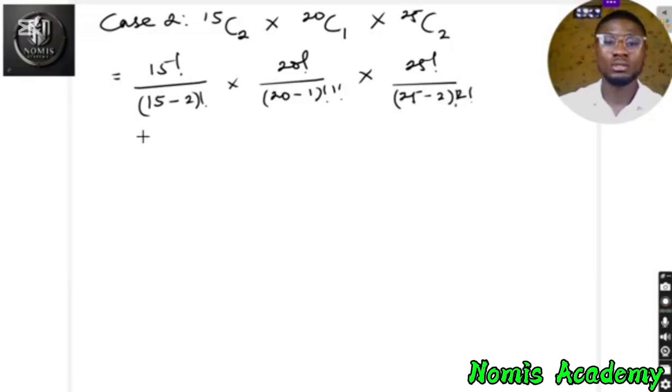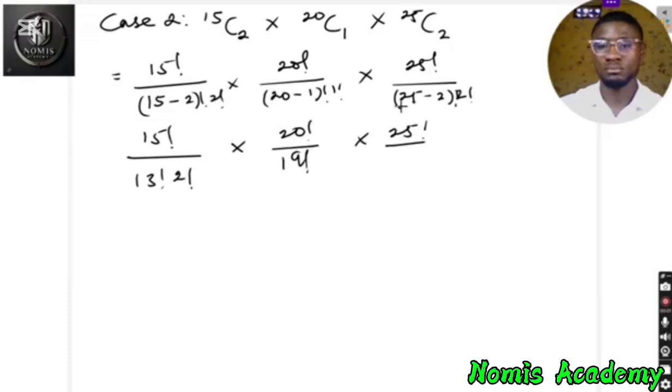So this becomes 15 factorial all over 15 minus 2, which is just 13 factorial, multiplied by 2 factorial. Now multiply by 20 factorial all over 19 factorial, 1 factorial is just 1. Then I have 25 factorial over 25 minus 2 factorial, that's just 23 factorial, multiplied by 2 factorial, right?